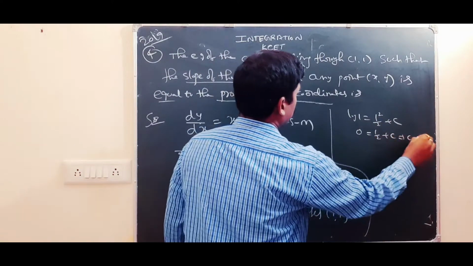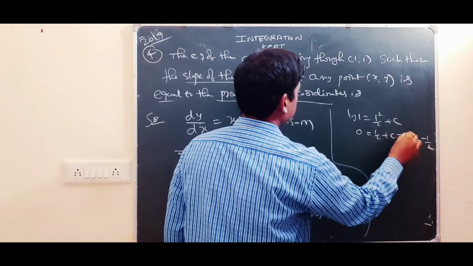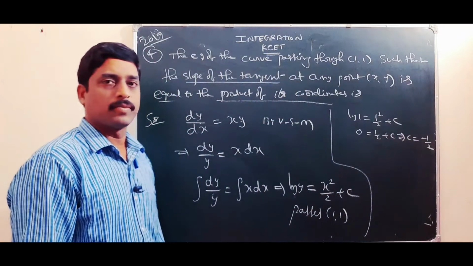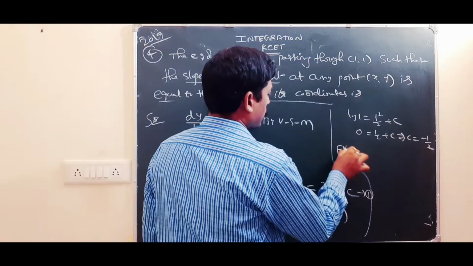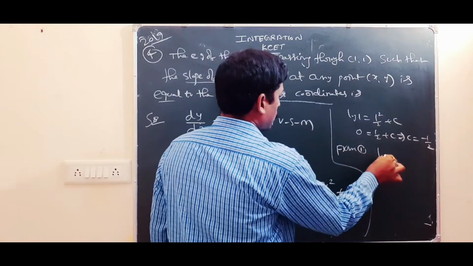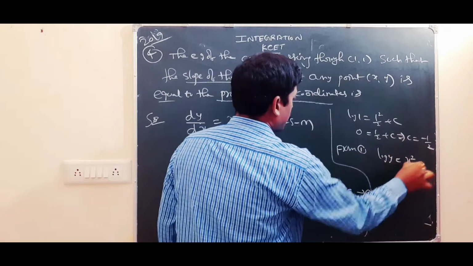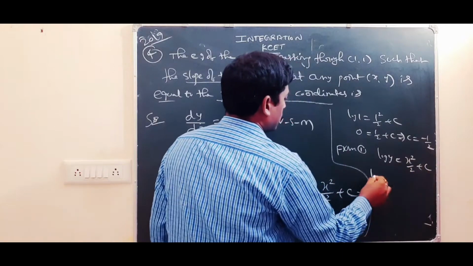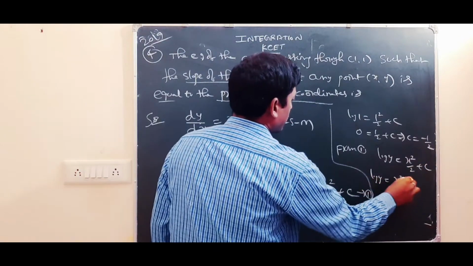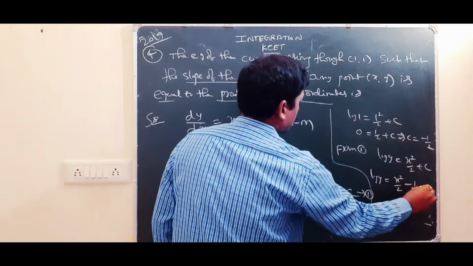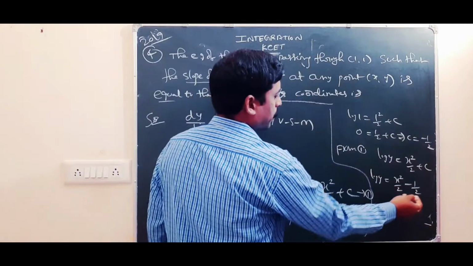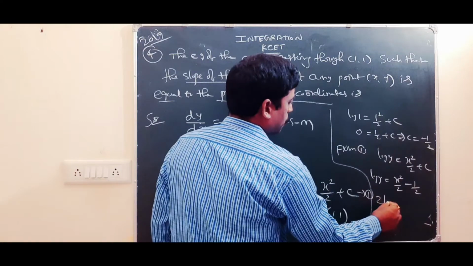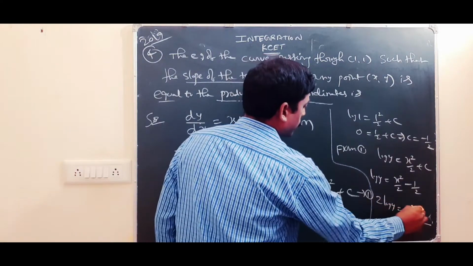Therefore, c is equal to minus 1 by 2. Substitute the c value minus 1 by 2 in equation 1. So log y is equal to x square by 2 plus c, so log y is equal to x square by 2 minus 1 by 2. Let us do the LCM. So 2 is the LCM. By cross product, 2 log y is equal to x square minus 1.